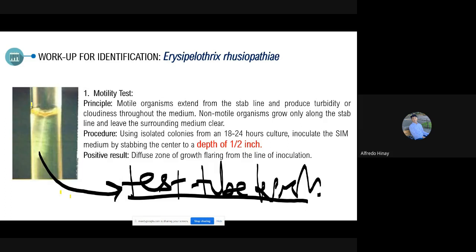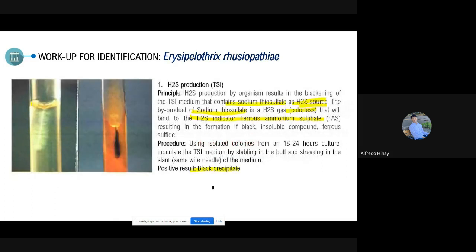Aside from the motility test, class, using your SIM, we can also use your TSI via the use of your H2S production. Kasi your Erysipelothrix rhusiopathiae, class, is an H2S producer. So let's try to decode the principle of your H2S production. So madali lang, class, kasi pagdating sa H2S production, what we need to do is to identify kung sino yung H2S source.